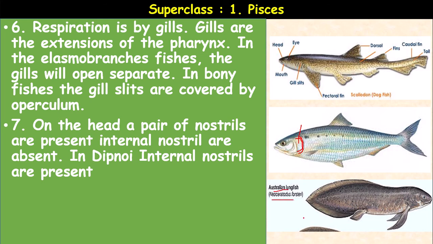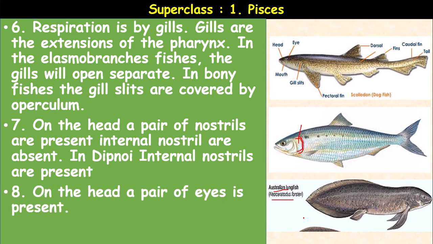These lungfishes possess internal nostrils, whereas in elasmobranch and teleost fishes there are no internal nostrils. On the head, a pair of eyes is present. A pair of eyes, you can see clearly here, here, here.